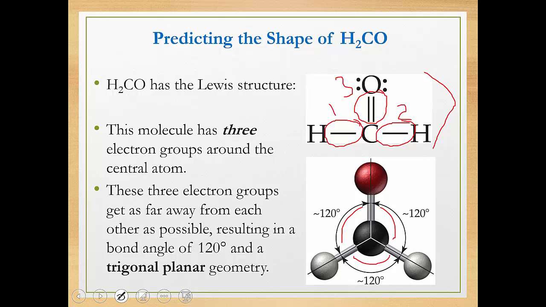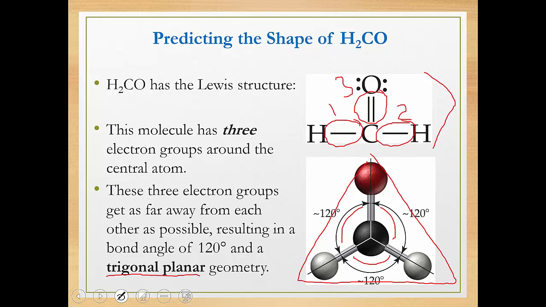Now, if you picture what we have here, this is forming a triangle. So we call that trigonal, and because it's still a fairly two-dimensional structure, it's still lying in a plane, we call it planar.